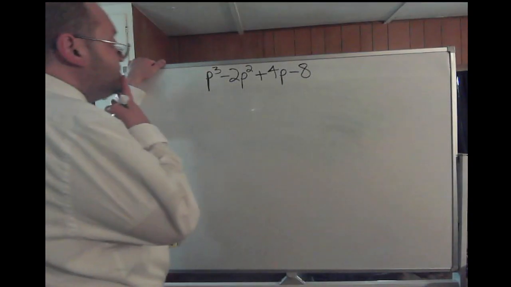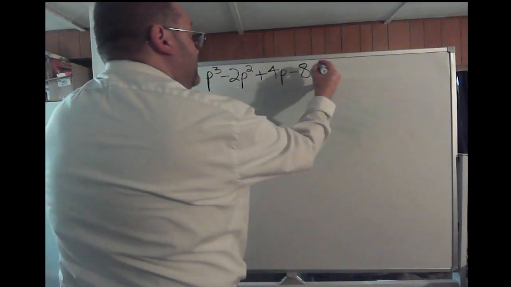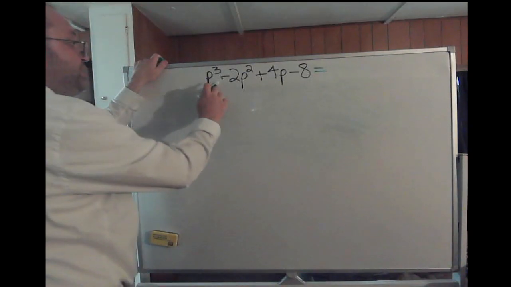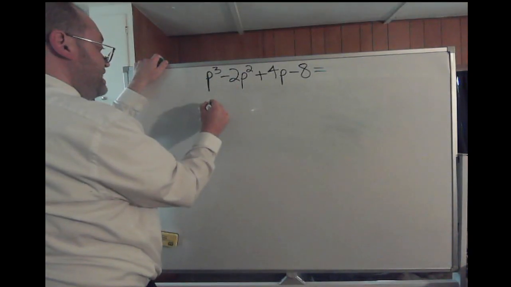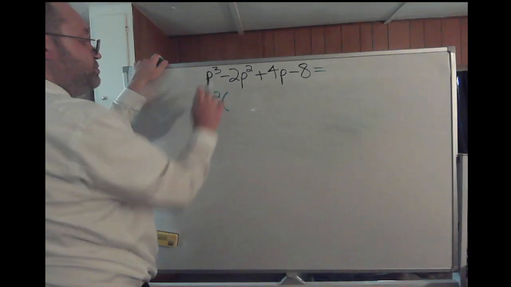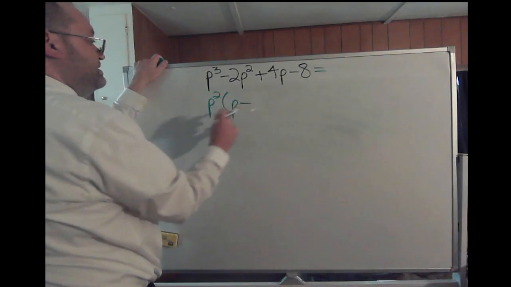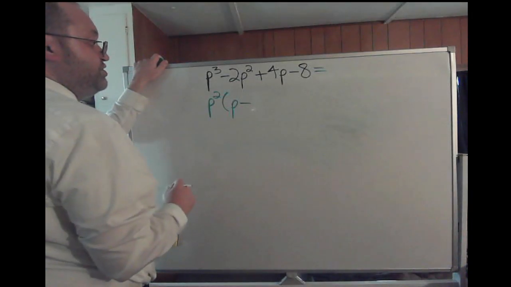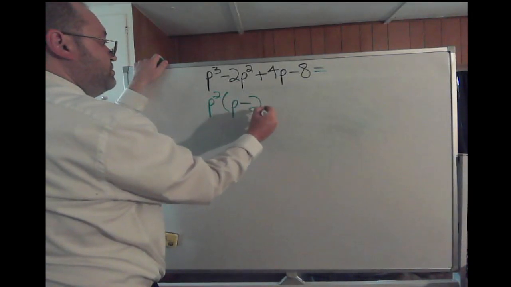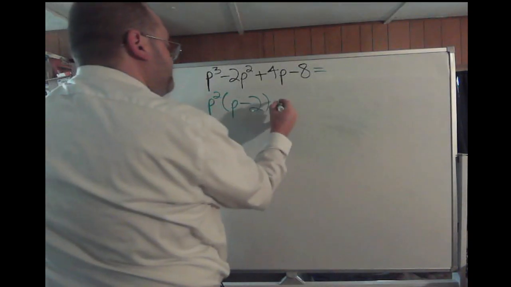I'm going to still say we split this into two sets of two terms. It's looking that way. Between p cubed and p squared, you have a common p squared. So then p squared times what equals p cubed? That'd be p minus, and then you have p squared times what equals 2p squared? That'd just be 2. So far you got p squared times p minus 2.